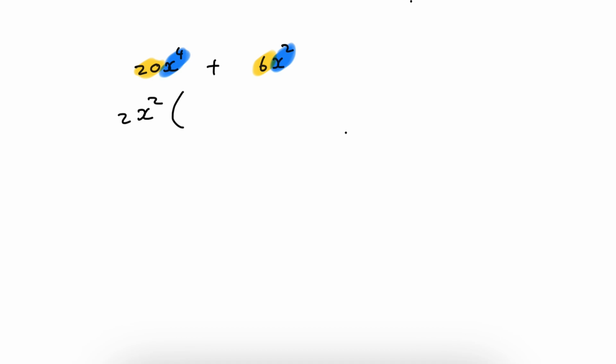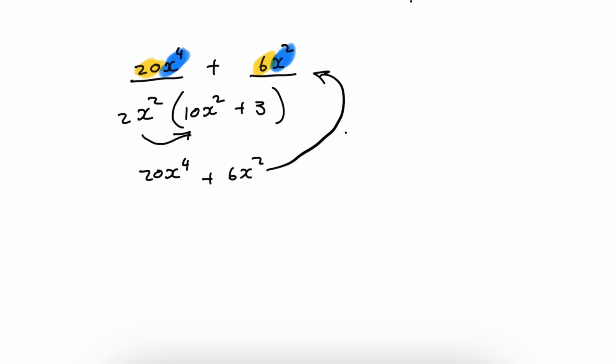Now, if I'm taking out a value, it is dividing with my original term. So 20 divided by 2 would leave me with 10, and if I take out x squared, 2 x's will be left. If I take a 2 here and I'm dividing it, it means I'll have 3 left, and that is it. Testing your answer by multiplying it back in. 2x squared times 10x squared will leave me with 20x to the power of 4 plus 6x squared, replicating our original question.